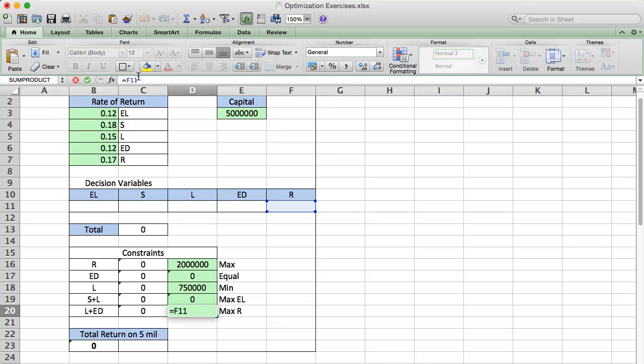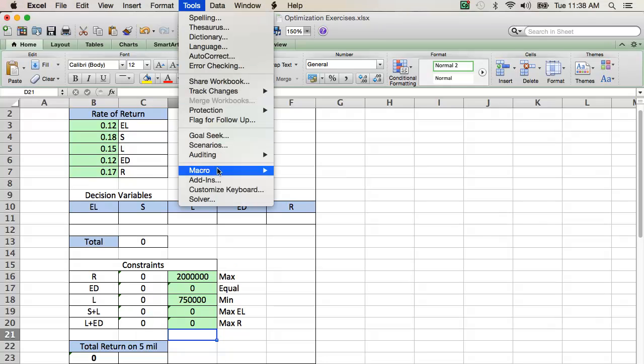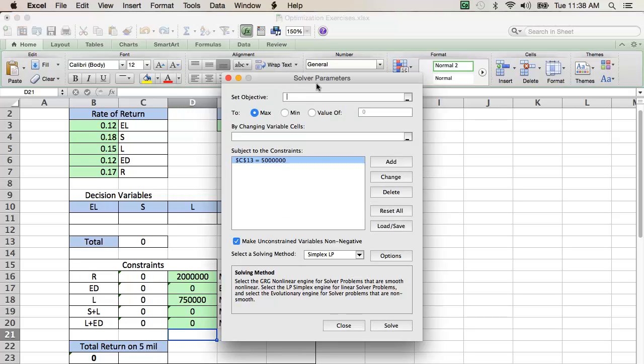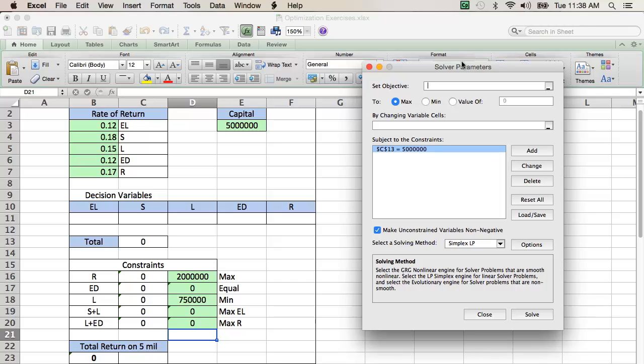So now that we have our spreadsheet set up, we have very little information to communicate to Solver. And this is really what we want, is to use our spreadsheet model to make the work that Solver has to do as simple as it can be. What we want from Solver is just to communicate these three core parts of any LP problem.